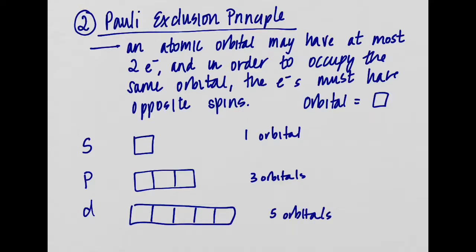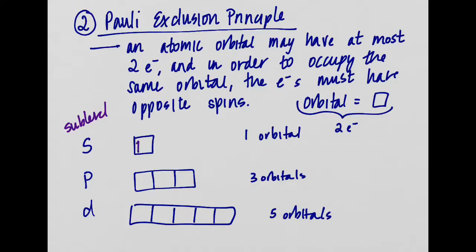And each orbital can hold 2 electrons. So in our s sublevel, we have 1 orbital that can hold 2 electrons. The Pauli exclusion principle says that every single orbital, every single square, can only have 2 electrons.